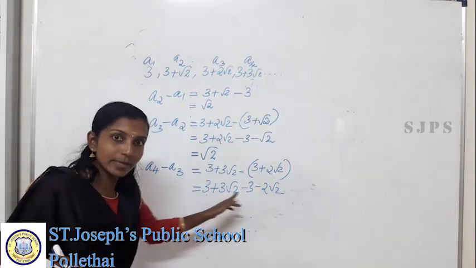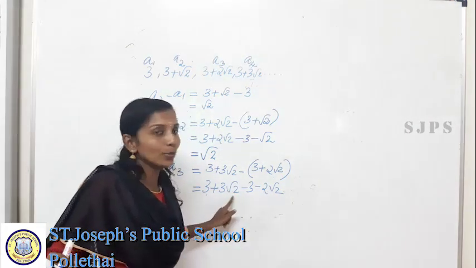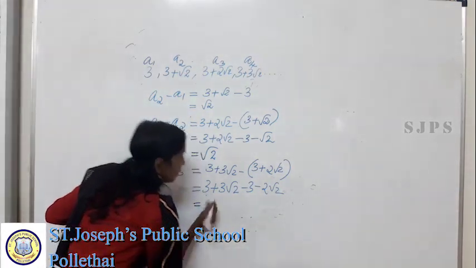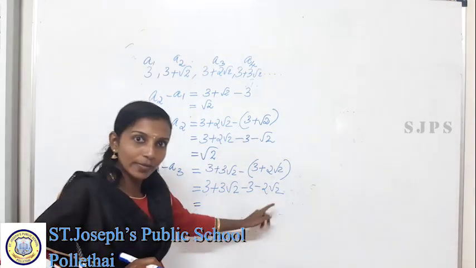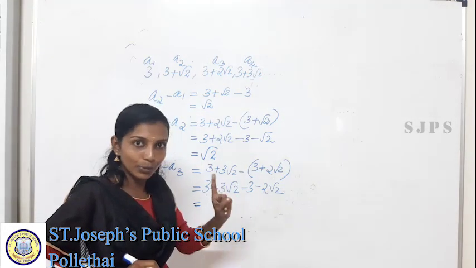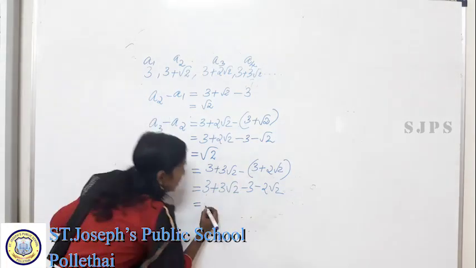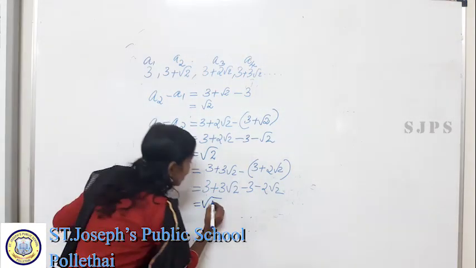Then 3 minus 3 is 0, and 3 root 2 minus 2 root 2, what do we get? 1 root 2. 3 minus 2 is 1, so we get 1 root 2, which is the same as root 2.